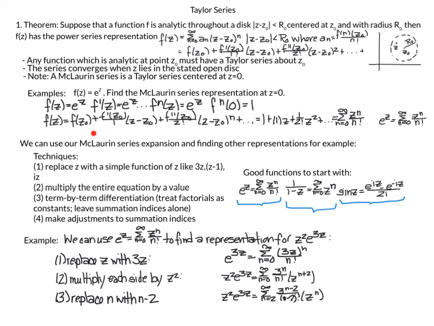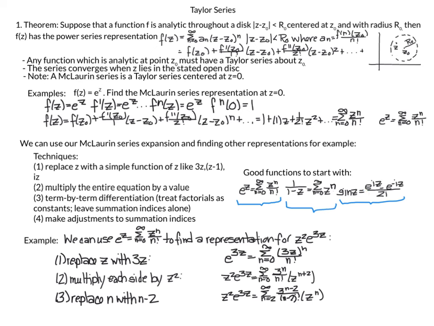So we looked at that in terms of Maclaurin series, and I have two series to start us with, which is the one we first found over here, e to the z equals the summation n equals 0 to infinity, z to the n over n factorial. And I gave you another series, 1 over 1 minus z is equal to the summation n equals 0 to infinity, z to the n.